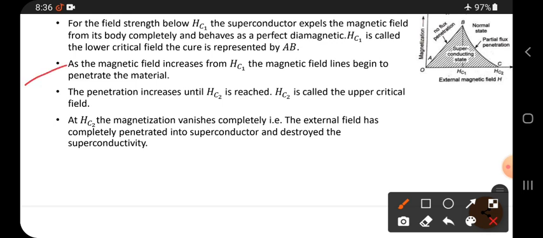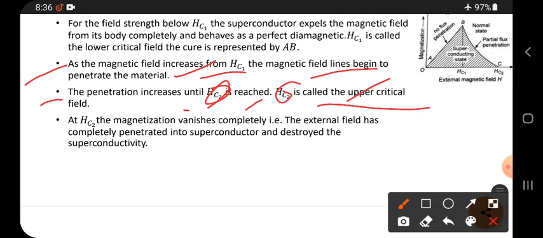As the magnetic field increases from Hc1, magnetic lines of force begin to penetrate the material. Penetration increases until Hc2 is reached. Hc2 is called the upper critical field, and Hc1 is the lower critical field.